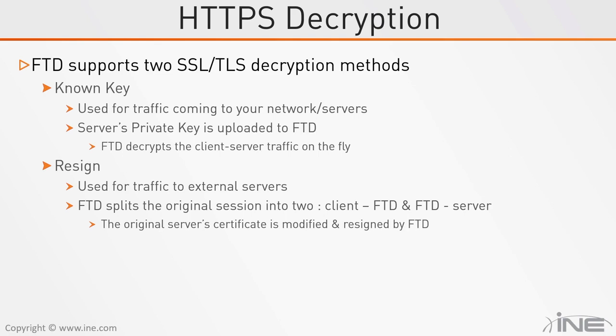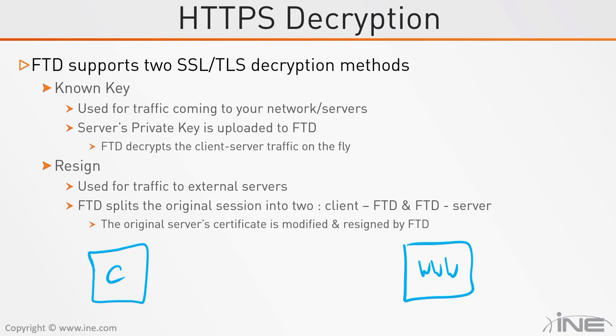Okay, which means that we will have two separate handshakes. Let's say that we will have a client device that is trying to build and negotiate an SSL TLS VPN tunnel with a web server, and the web server is running HTTPS, so this is all going to be eventually encrypted communication.